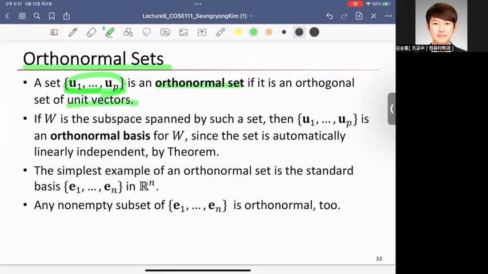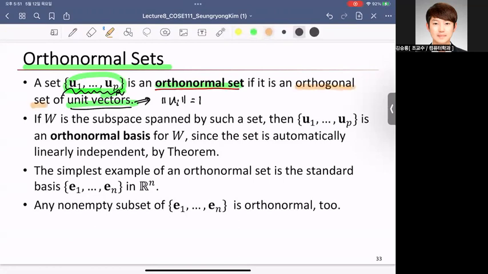So what was a unit vector? If the length of the vector is equal to 1, right, then we call it a unit vector. In this case, the set is called an orthonormal set.